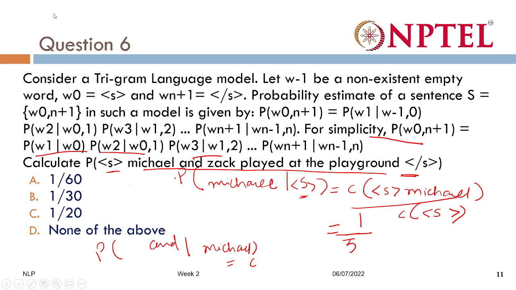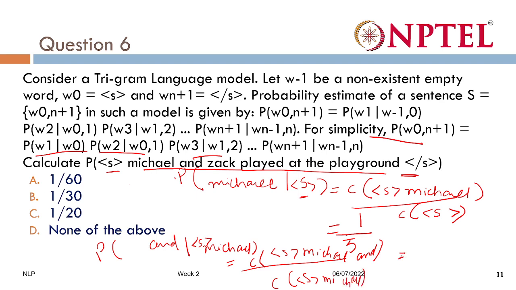So we are to consider what? Trigram language model here. Yes, right, madam. So here the start token will also come, right? Because we want the occurrence of and given the previous two words, start token and Michael. So now it will be the count of start token, Michael, and, upon the count of start token, Michael.